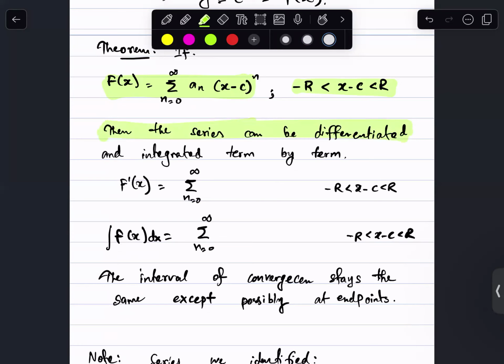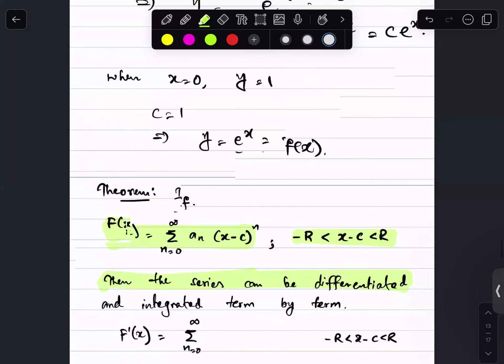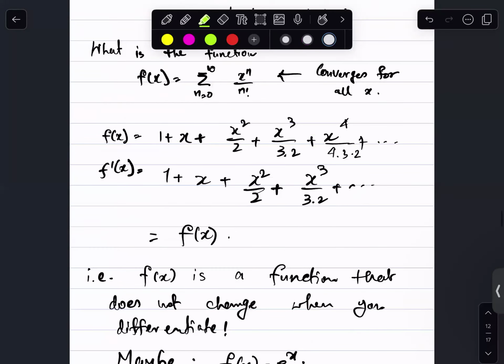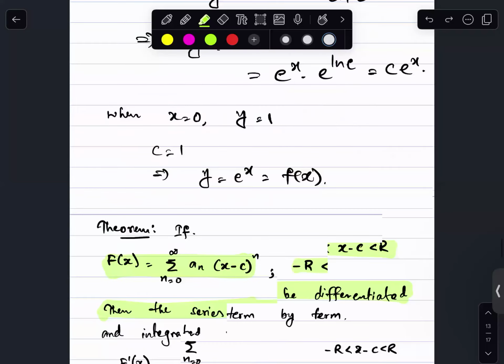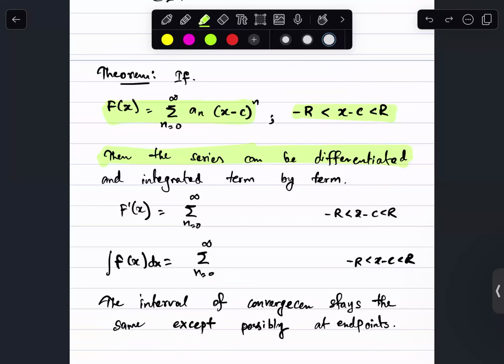So I have done the differentiation here of the power series term by term, right? And the derivative of f(x) will be just the derivative of this. So it'll be a_n as it is, and then n times (x minus c) to the n minus 1.